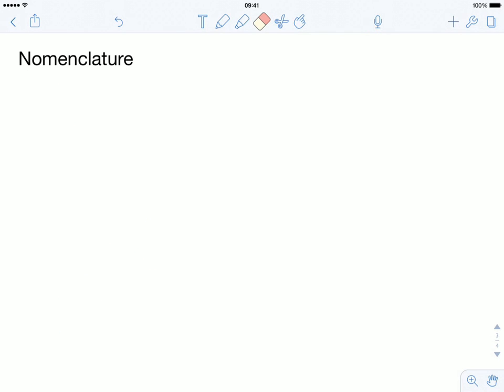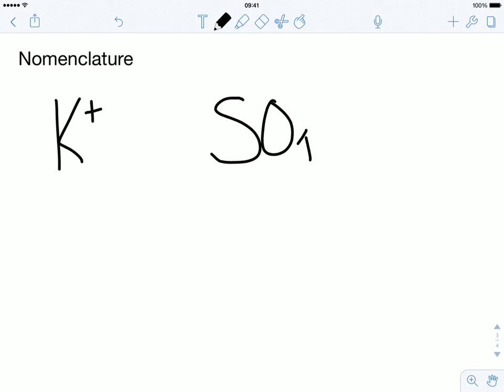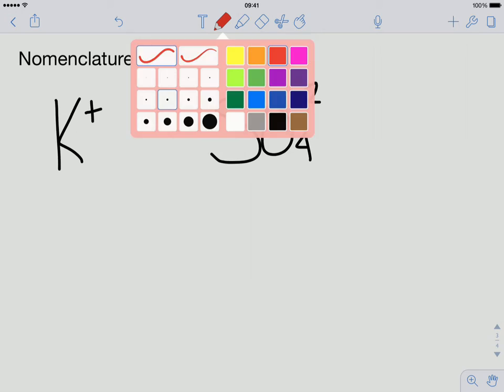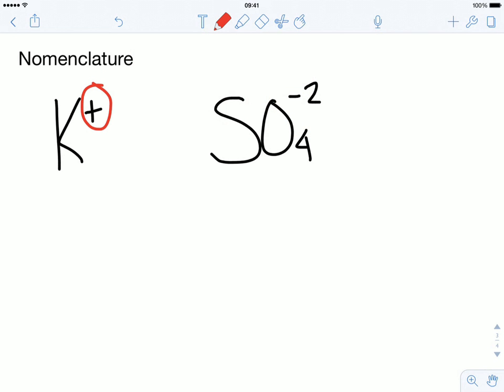But now what if we had potassium again, which is +1, with the sulfate polyatomic ion, which is SO4 -2. So we have a +1 charge here and a -2 charge here.